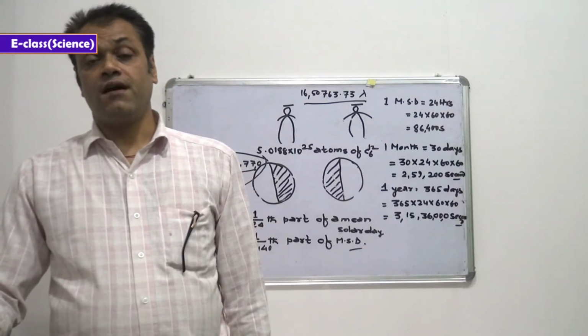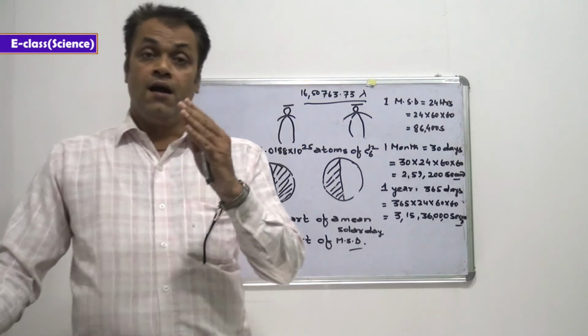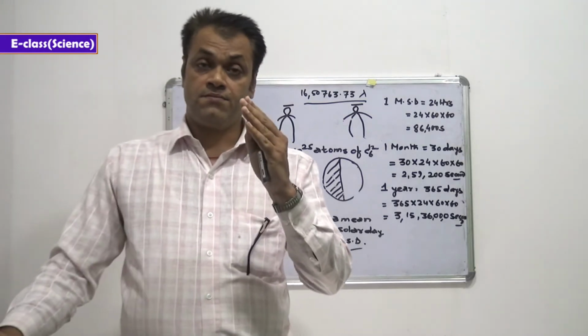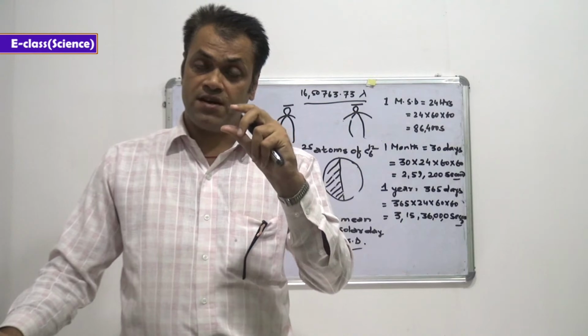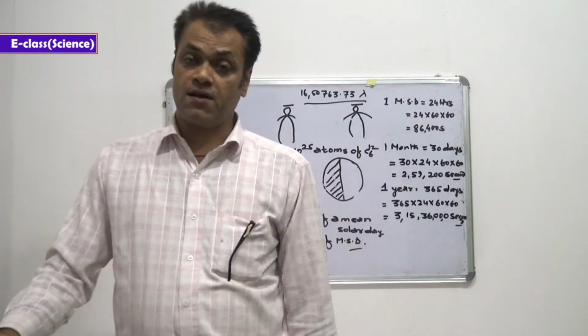Then there is the electronic watch, in which time is measured from the oscillation period of electrons.